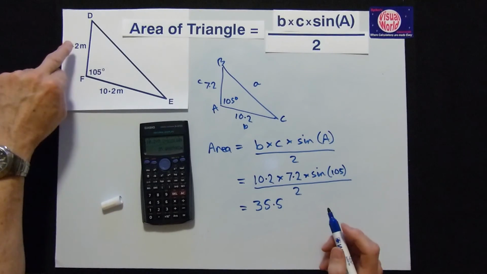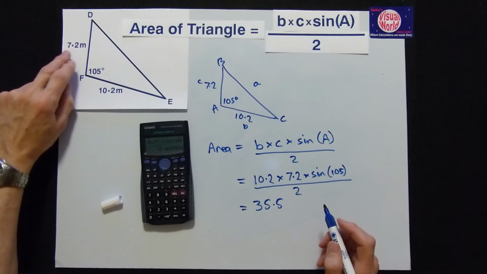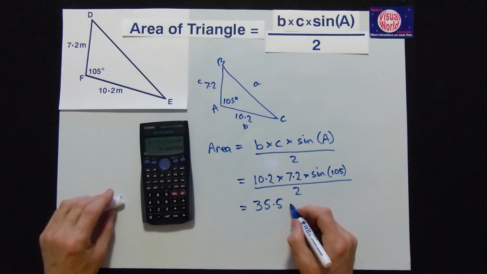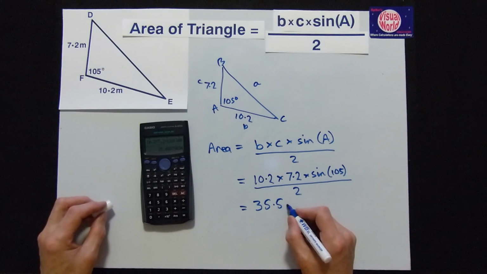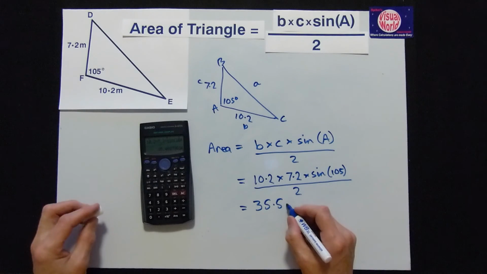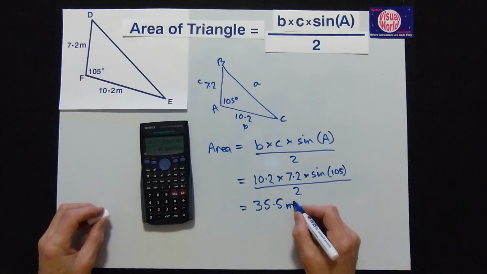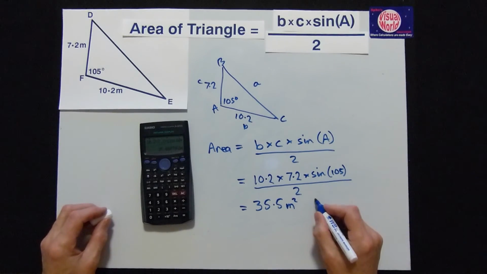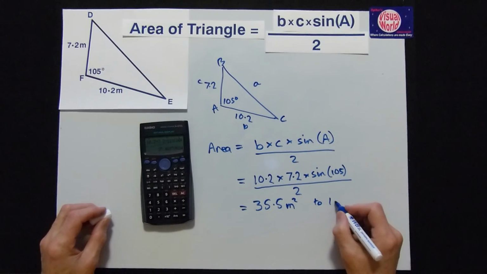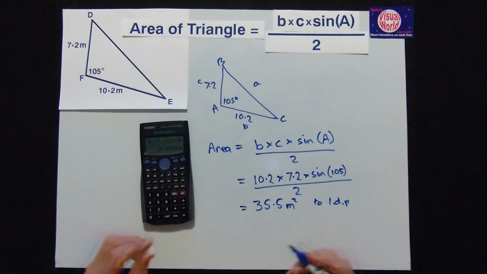Have a look at your sizes, they're in meters, so your answer must be in meters squared, because we're doing an area and it's in square meters, so it's meters squared, and that's to one decimal place if you want to write that, although it's not desperate. And that is all you do.